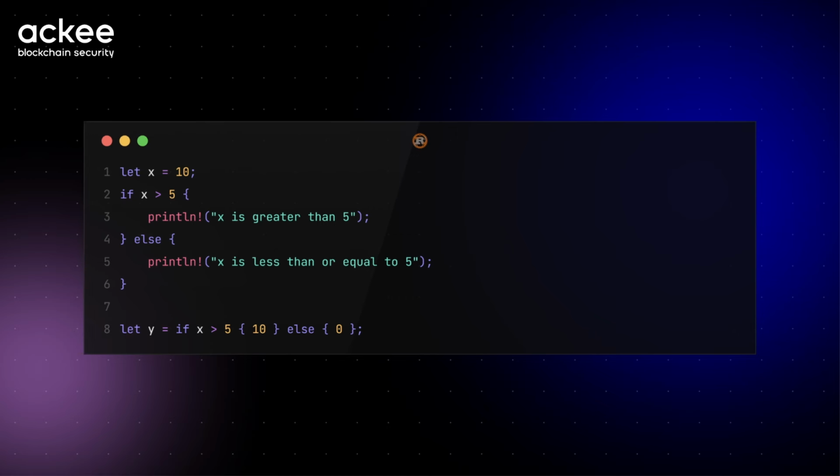But you can also see on line number 8 that you can assign values from the if statements. So in this case, variable epsilon will have its value from the if statement. That means if x is greater than 5, the epsilon is going to be 10.